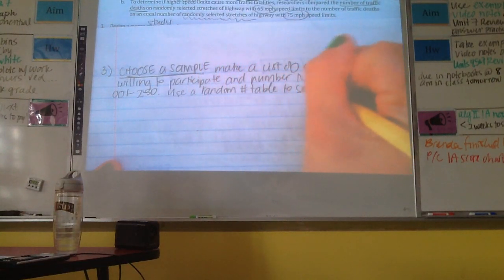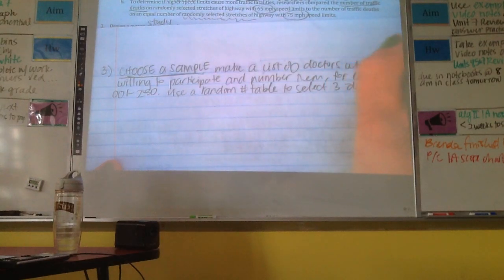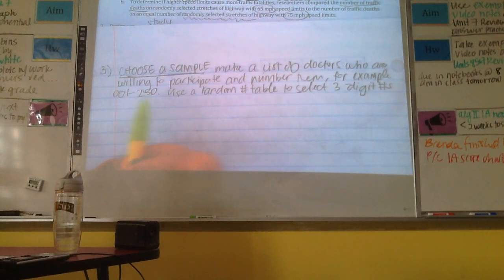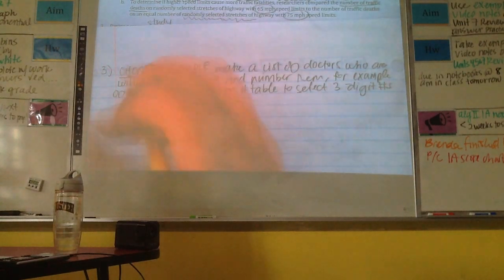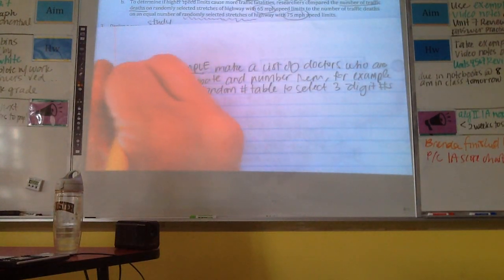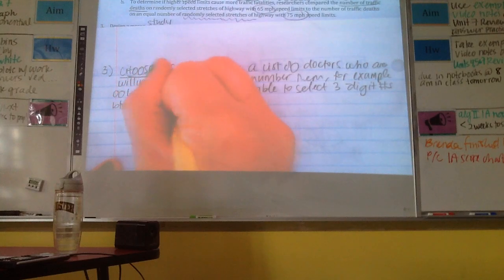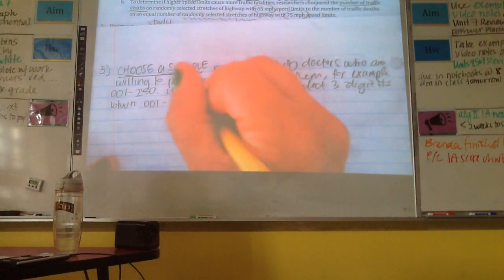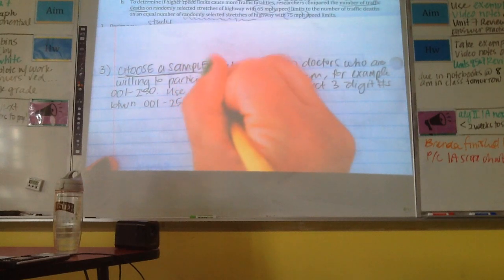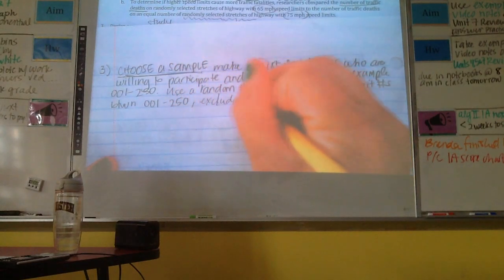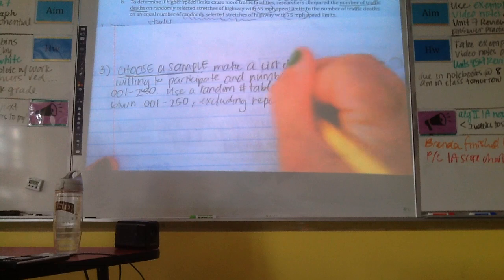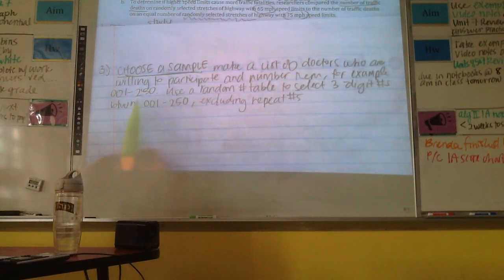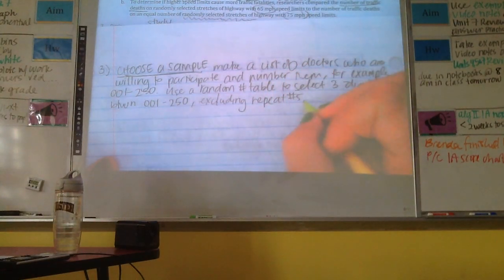to select 3-digit numbers. Since each person would have a 3-digit number associated with them, we're picking 3-digit numbers between 001 and 250, excluding repeat numbers, and of course excluding numbers that are outside of this range.